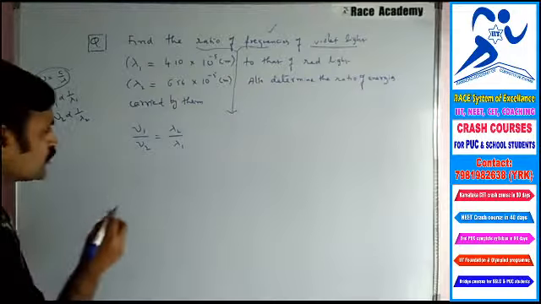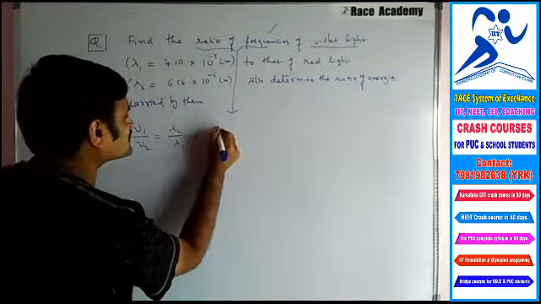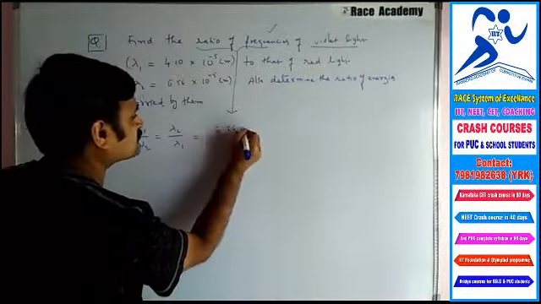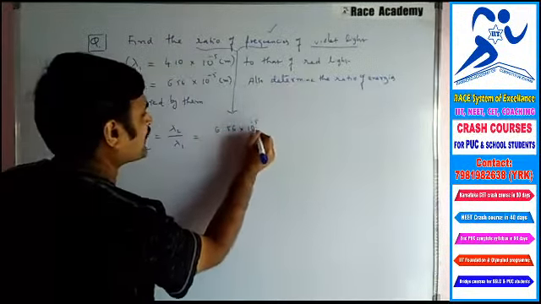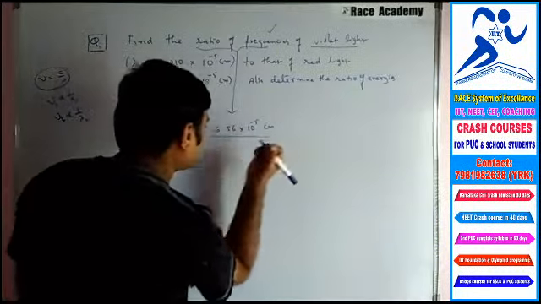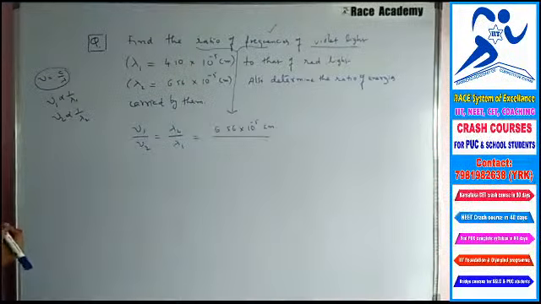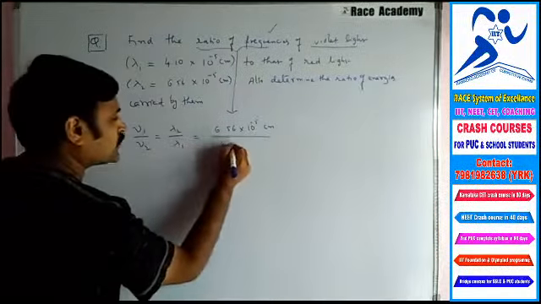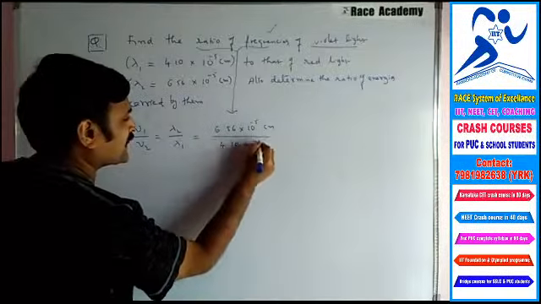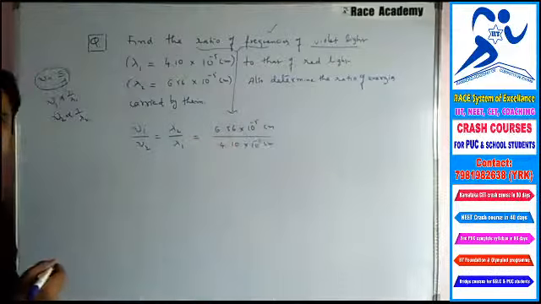What is lambda 2 given in the question? That is 6.56 into 10 power minus 5 centimeters divided by 4.10 into 10 power minus 5 centimeters.